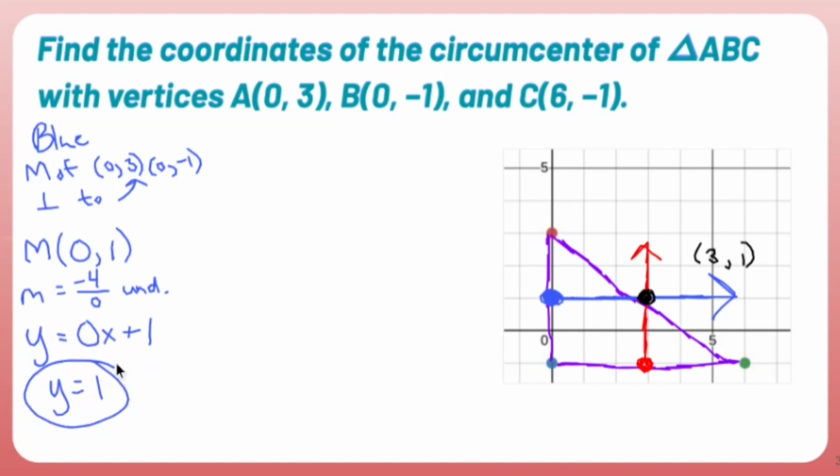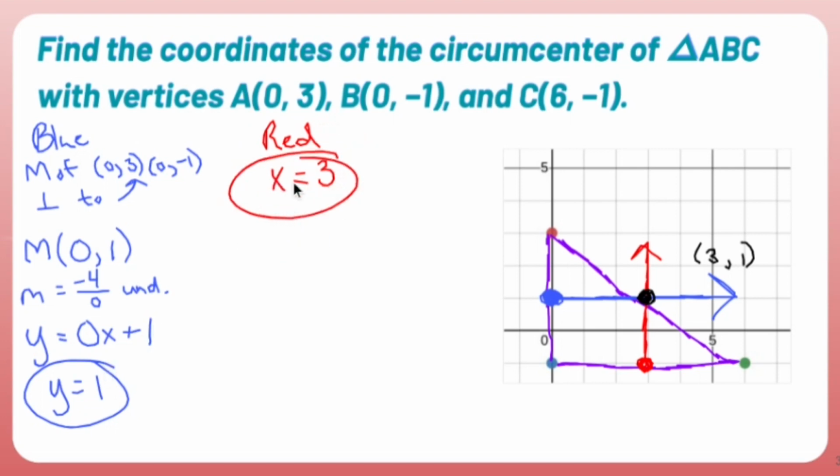All right, so again, I went through the motions to show you how this is done. I'm not going to do that again. Okay, the equation of my red line here is a vertical line, and it goes through 3. So a vertical line is in the form x equals, going through 3 is 3. So now I have my two equations.